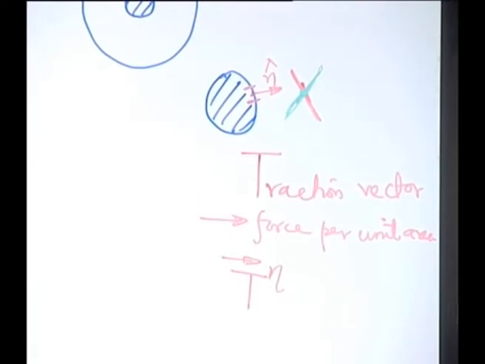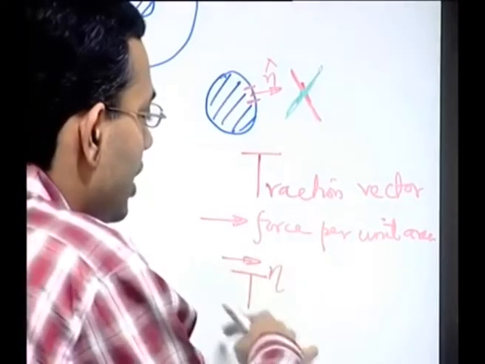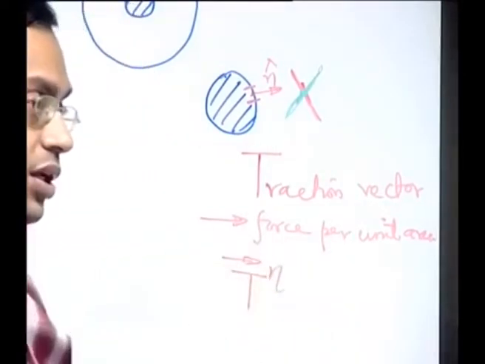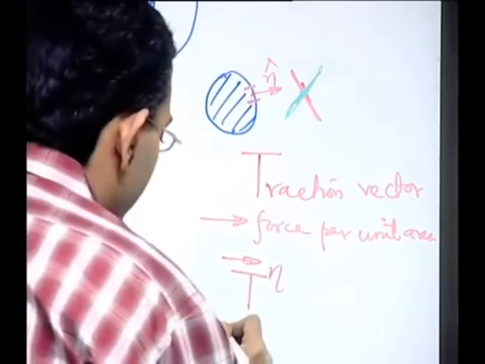Now to proceed further, we will consider the components of this vector. It has its own components: an x component, y component, z component.